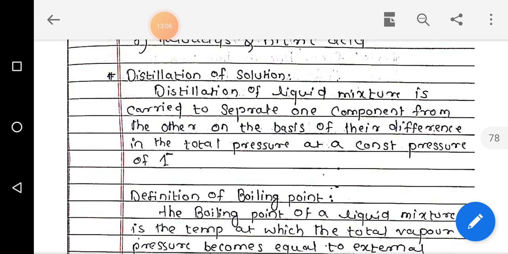Distillation of liquid mixtures is carried out to separate one component from the other on the basis of their difference in total pressure at a constant pressure of one. So pressure is required because volatile compounds have some pressure.